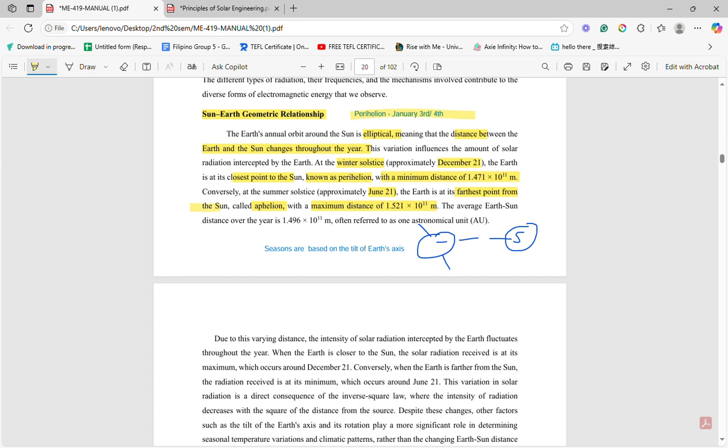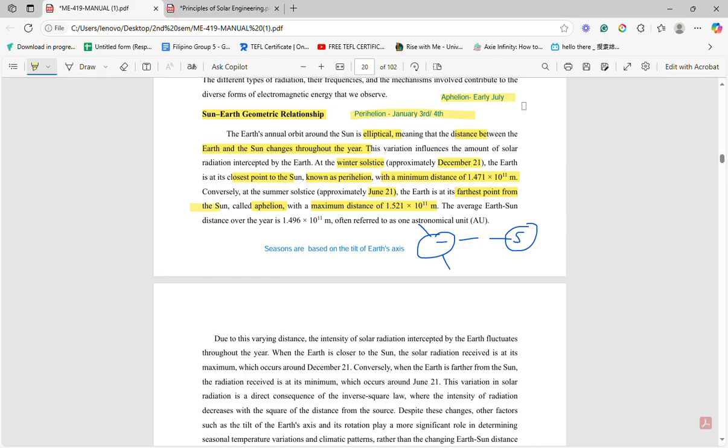When does aphelion occur? Remember this, aphelion occurs during early July. That's basically 2 weeks from the summer solstice. So, yon. Again, summer solstice occurs on June 21, but that doesn't mean that it is the farthest point from the Sun.